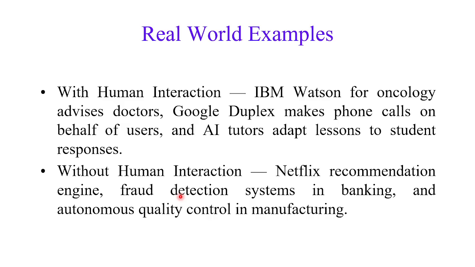Autonomous quality control systems in factories use cameras and AI to inspect products on an assembly line. It's fully automated, so no human is needed for each inspection. Both categories are enormously valuable. Interactive AI and non-interactive AI serve different human needs. Both are complementary to each other.